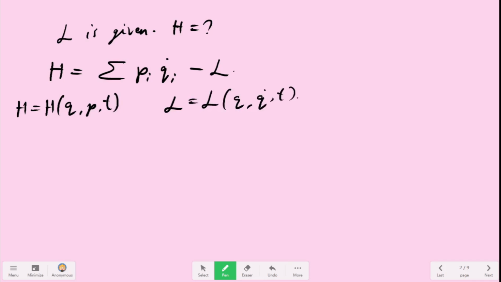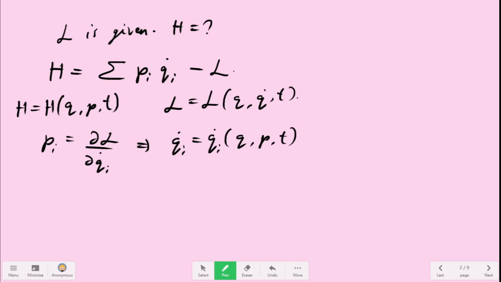To convert Lagrangian to Hamiltonian, we use the following steps. First of all, we will find the generalized momentum p_i is equal to del L upon del q_i dot. Then from here we will solve for q_i dot, as a function of q, p and t. Then we will substitute this q_i dot, written in terms of q, p and t, in H equal to this equation.